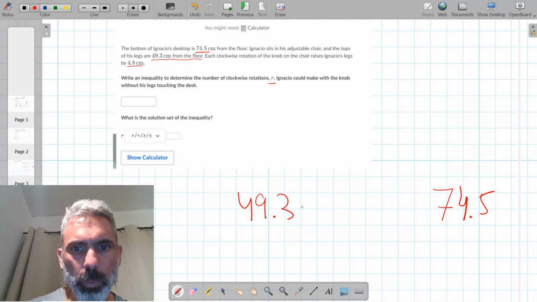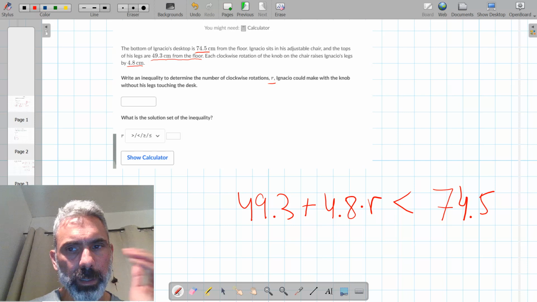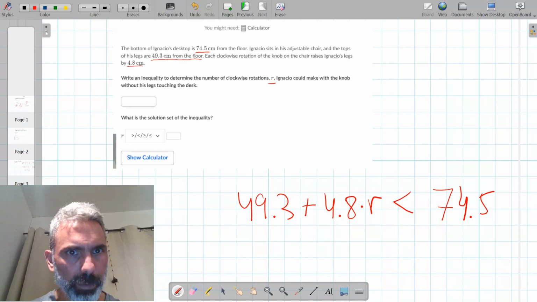And to this we need to add some rotations of the knob, where each rotation increases the height by 4.8 centimeters, times an unknown number of rotations R. This has to be less than 74.5.